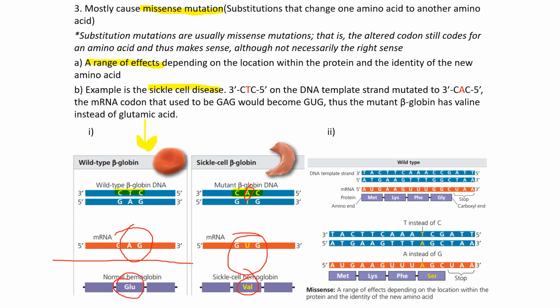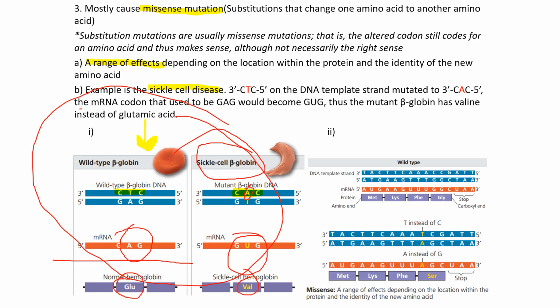So what happened to the red blood cell? It has a sickle cell beta globin. Now, another example is this one, but normally in the exam they will ask for this particular example: sickle cell disease, which is caused by a missense mutation. You must know that.